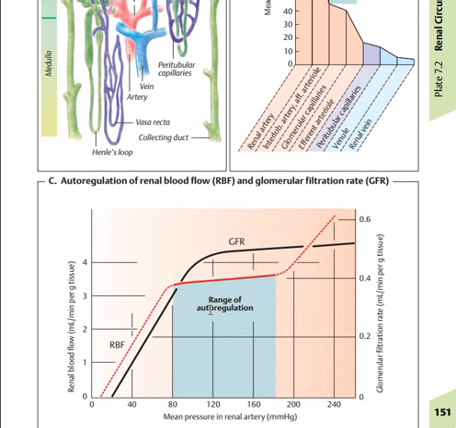So the auto-regulation is going to happen when the mean blood pressure is low, and also when the mean blood pressure is high. The normal mean arterial blood pressure is 90 to 92 millimeters of mercury.